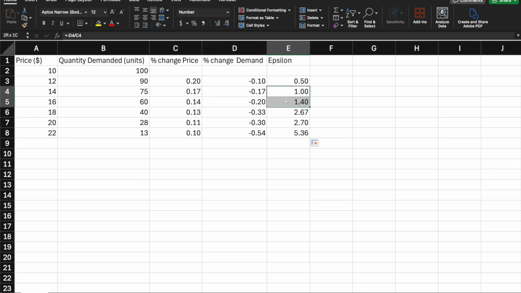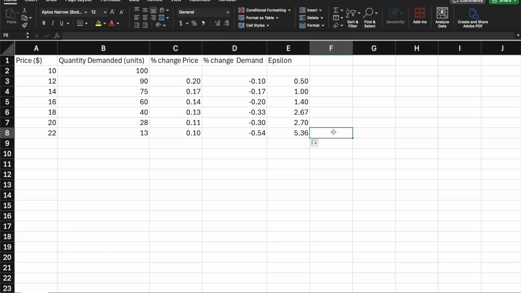And then as we continue to increase that price, it actually gets more and more elastic. So even though across all of these you're always just increasing by $2, the change in demand is much more than what we're changing in the price. We're losing more demand than we are gaining in the price there. Okay, so you can see that this number just keeps getting higher and higher.